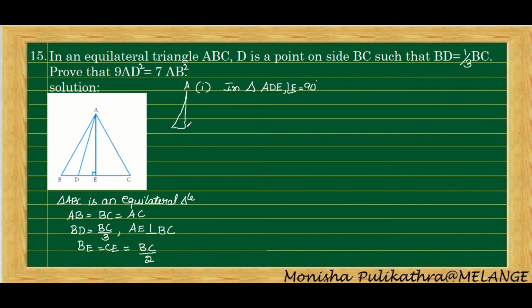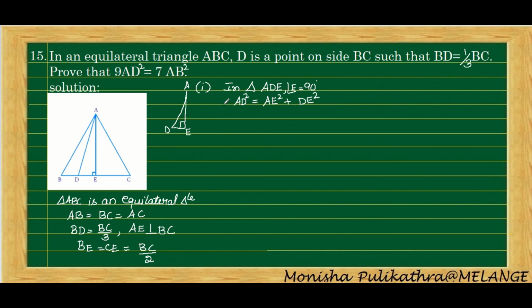So this is A, this is E and this is D. If this is 90 degree, then the hypotenuse will be AD. So AD square is equal to AE square plus DE square. Next, AE square. We know that.